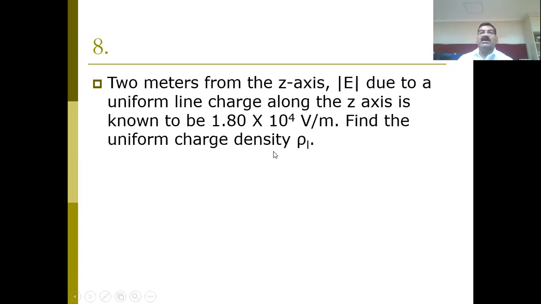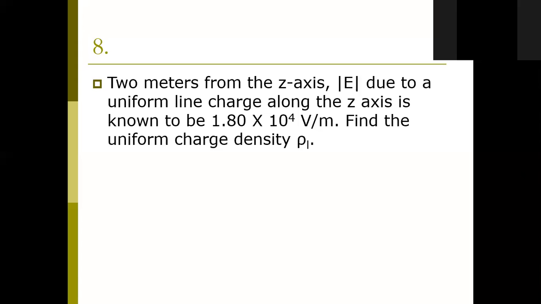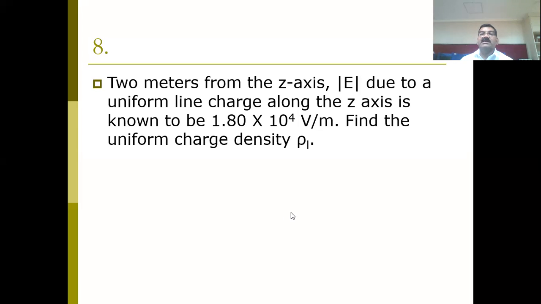Find the uniform charge density rho L. Now it is in the opposite way. It is reversed: the electric field intensity is given and you have to find the line charge. We have done a similar type of problem.